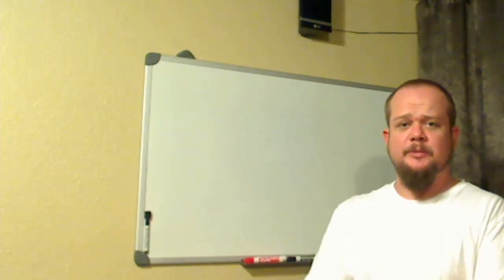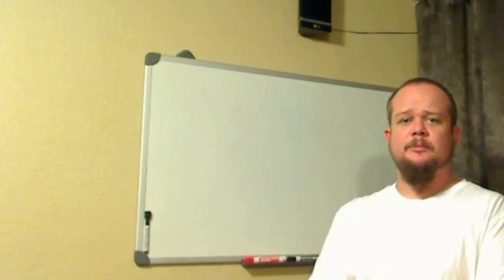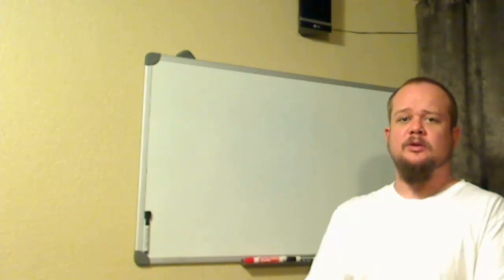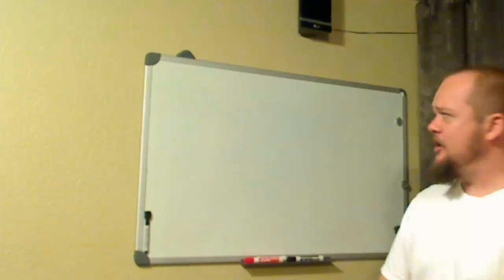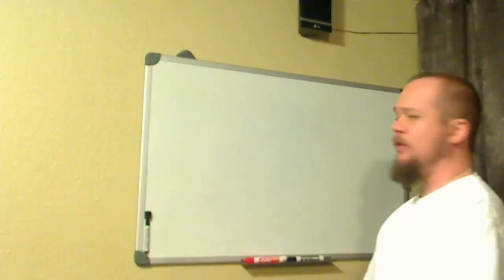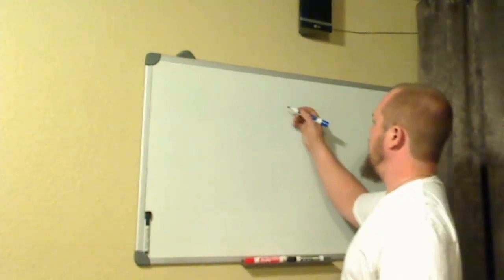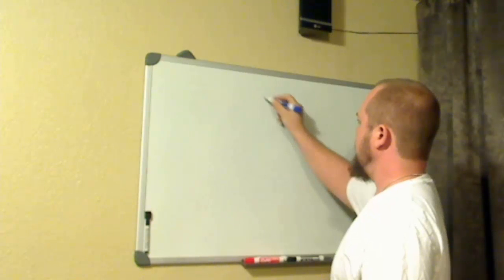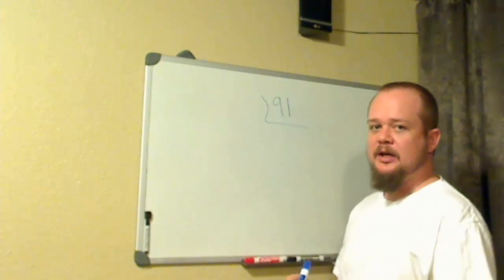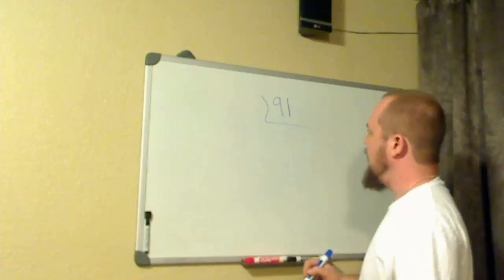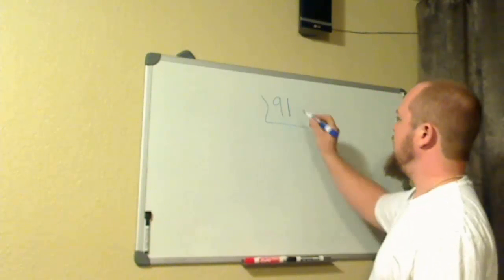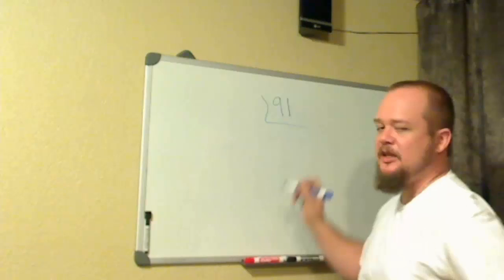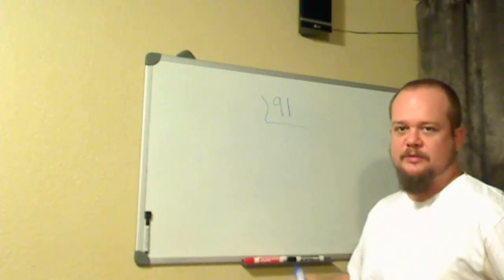In this chapter, we're going to be discussing converting decimal numbers to binary, octal, and hexadecimal. Let's begin with converting a decimal number of 91 into binary, which is a base 2 number system. What you need to do is take your decimal number and divide it by the base of the number system you are trying to convert it to.